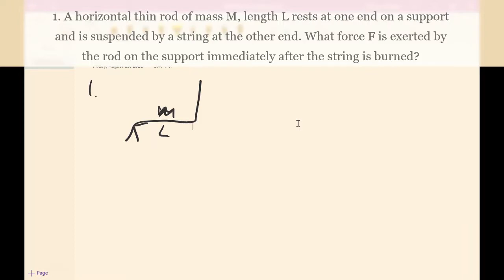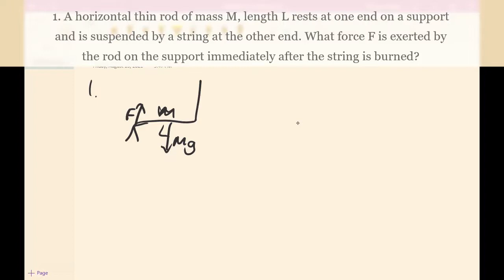Now this is a very classic mechanics problem. We just want to write out the equations and it should be pretty clear how to solve it once we write them out. So if this force is F going upwards, and then there is this force gravity, which is obviously mg.